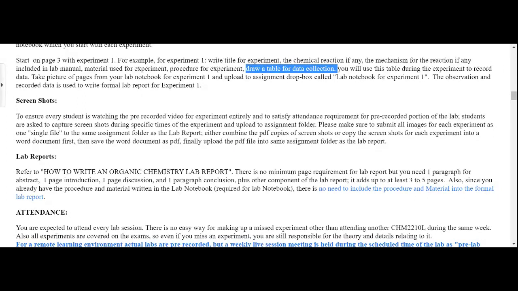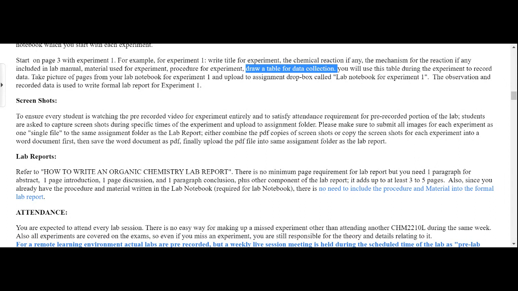I want you to put all the images that you capture in one Word document, then convert your Word document to PDF, and submit one single document. Why PDF? Because it's a smaller size, it's easier for you to upload and for me to download.